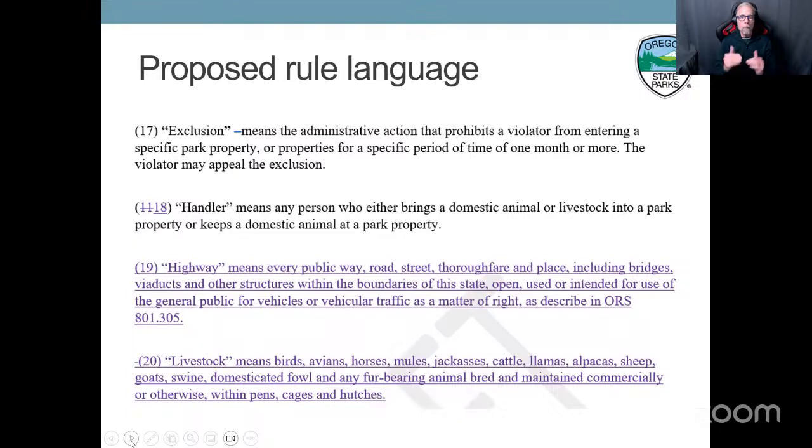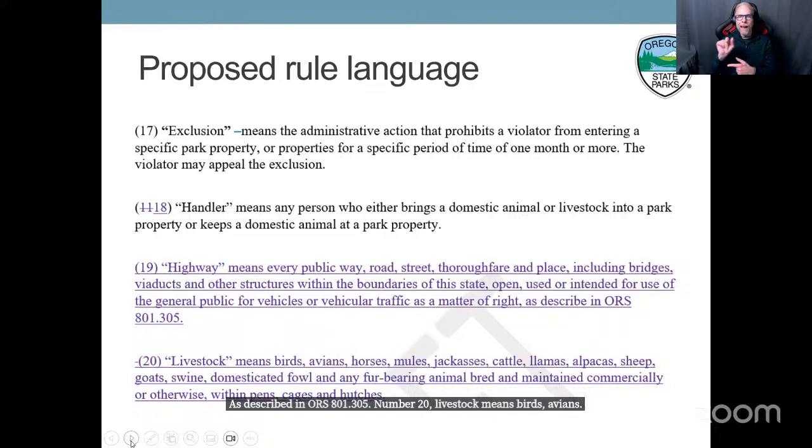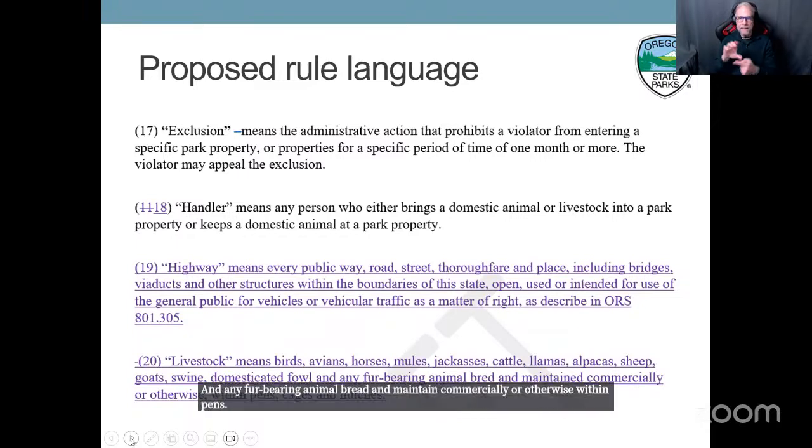Number 20, livestock means birds, avians, horses, mules, jackasses, cattle, llamas, alpacas, sheep, goats, swine, domesticated fowl, and any fur-bearing animal bred and maintained commercially or otherwise within pens, cages, and hutches.